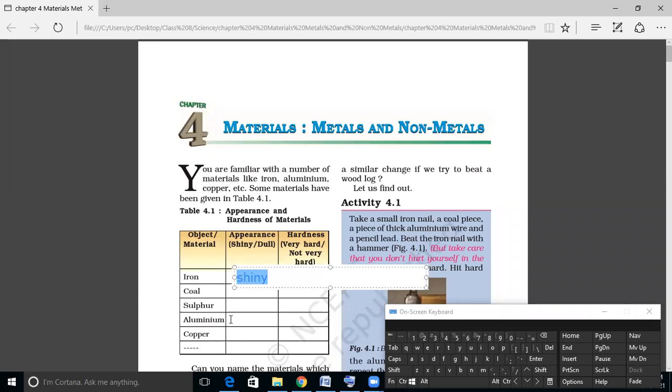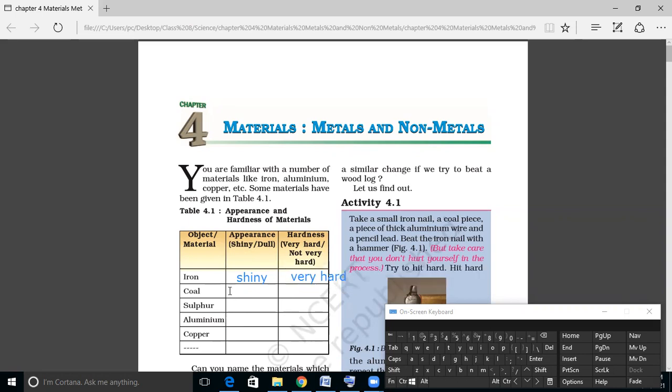Then if we see the aluminium, okay, we'll go to the hardness. So if we see iron, iron is very hard. So I'll write it is a very hard substance.